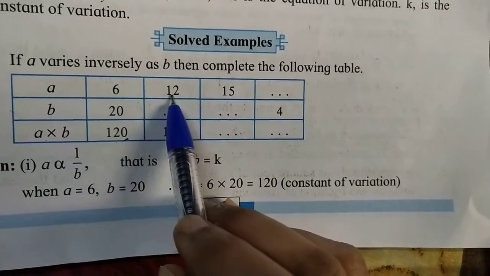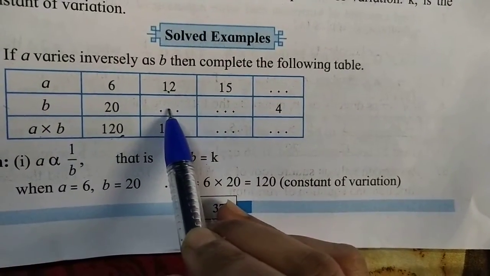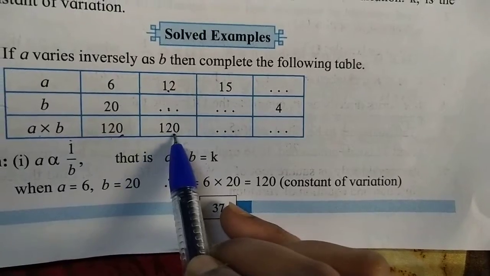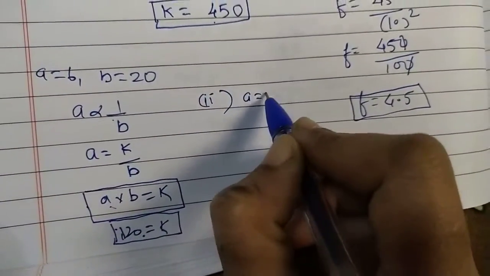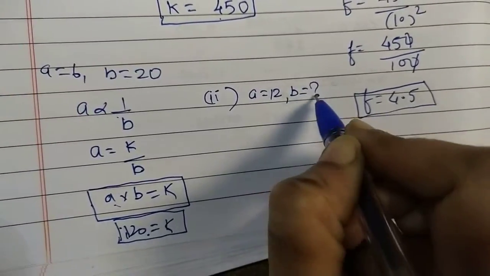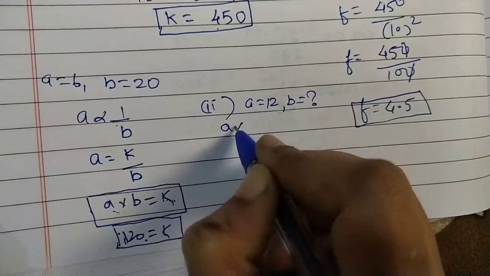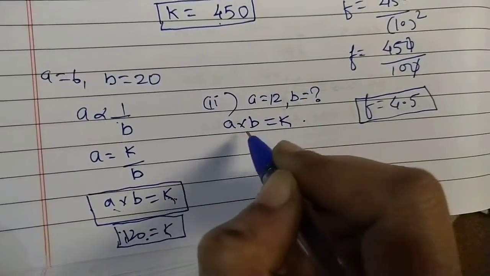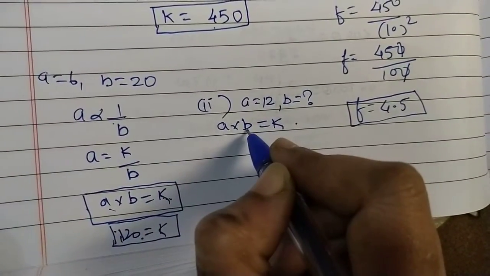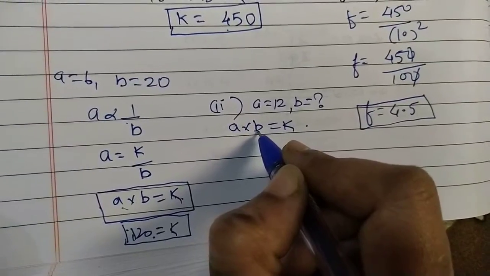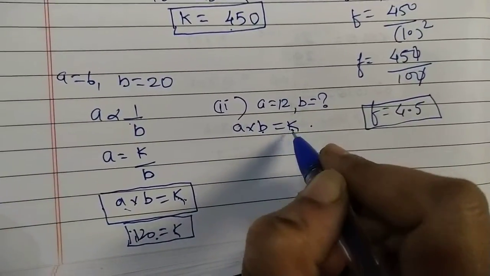In the second one, a equals 12 is given, b we have to find out, and a into b, that is k, is given. What equation have you got for inverse variation? a into b equals k, which is 120.